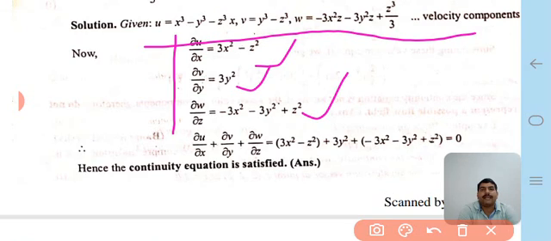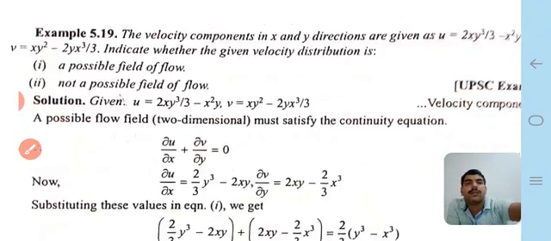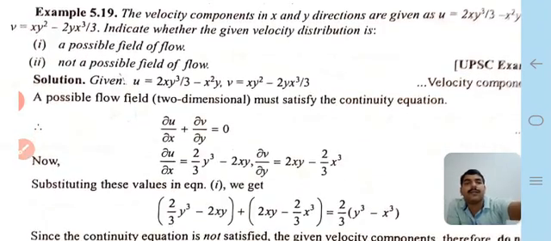Now we come to the next type of example. The velocity components in the x and y directions are given as u is equal to 2xy cube upon 3 minus x square y, and v is equal to xy square minus 2yx cube upon 3.